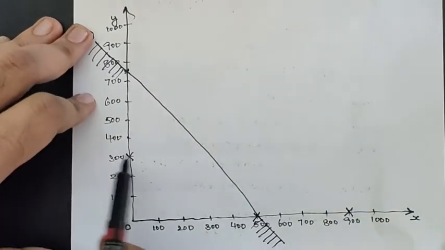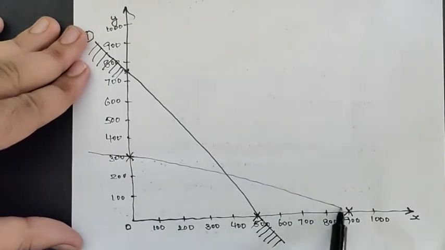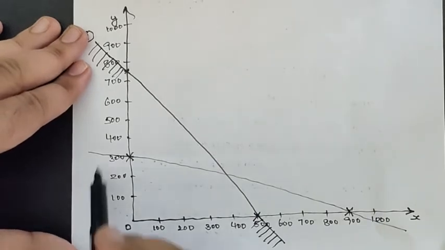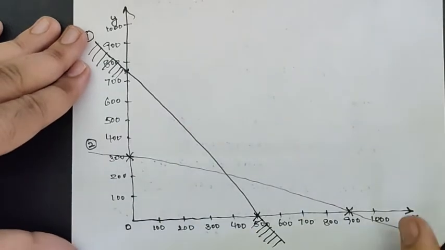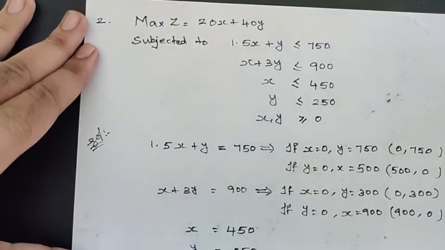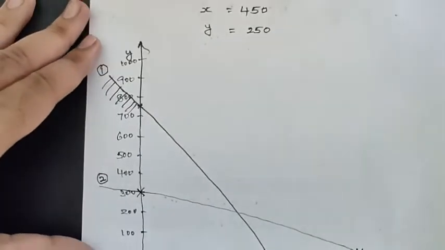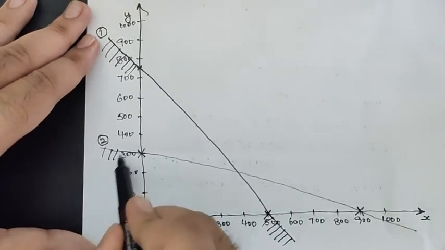Now let us draw a line by joining these 2 points. So with the help of the scale, please draw the lines. So now this constraint is 2. So what is the type of the constraint? The type of the constraint is also less than or equals to. So now the region is completely below this line.